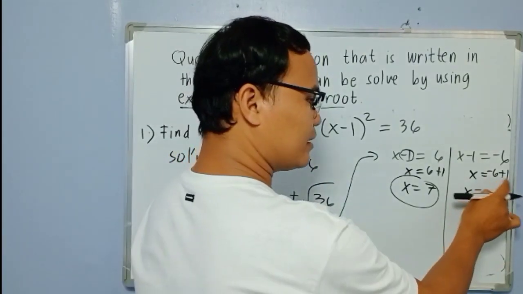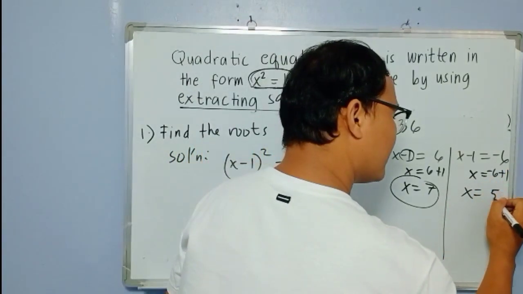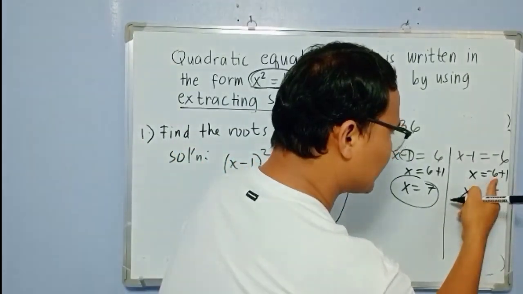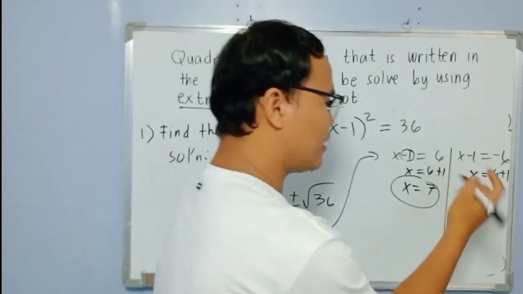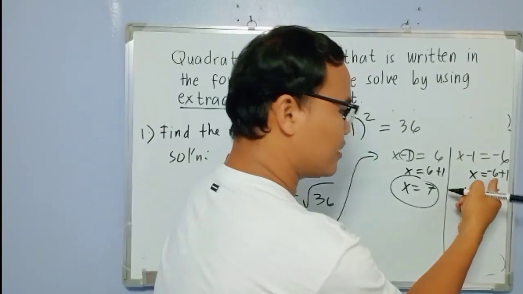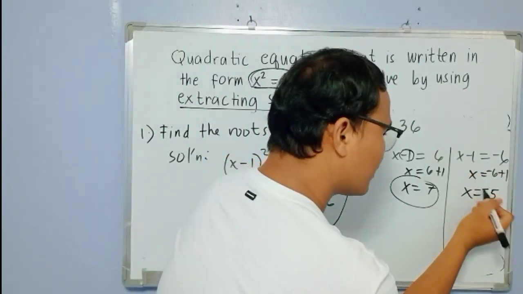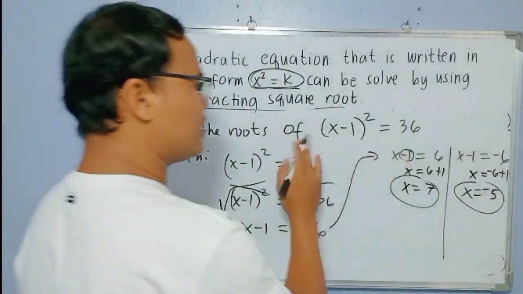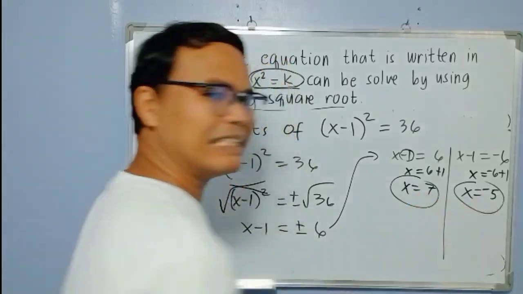So here, 6 minus 1 is 5. What is the sign of the bigger integer? Here, the bigger integer is 6. And what is the sign of 6? Negative. So the sign of 6 is negative. Therefore, the roots of this equation are 7 and negative 5.